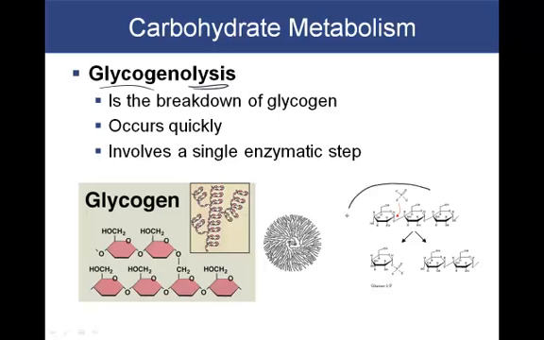This is our glycogen molecule, or at least a piece of it, and one enzyme will simply split the bond, releasing a glucose molecule. This glucose molecule can then enter the bloodstream, and it can help maintain homeostatic levels of glucose in our bloodstream.